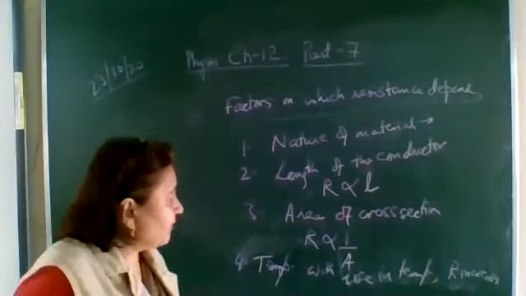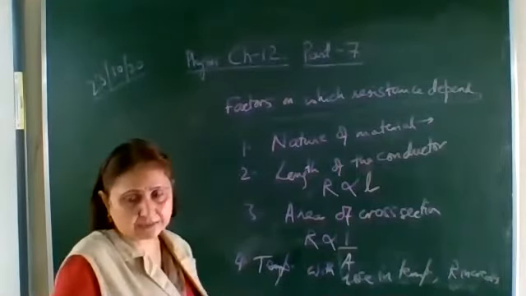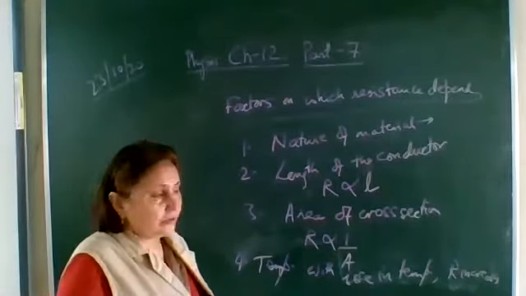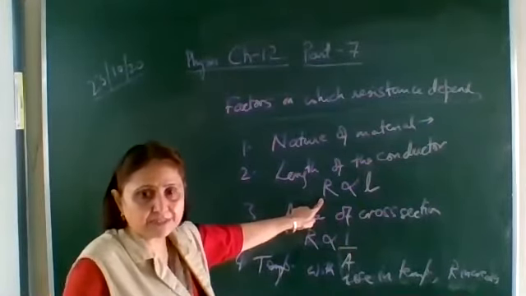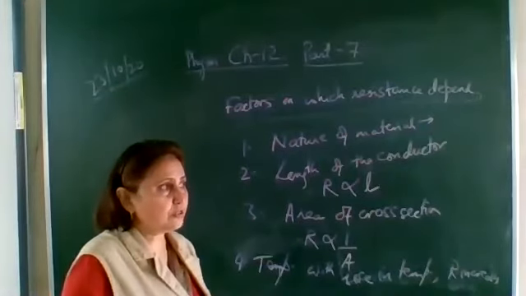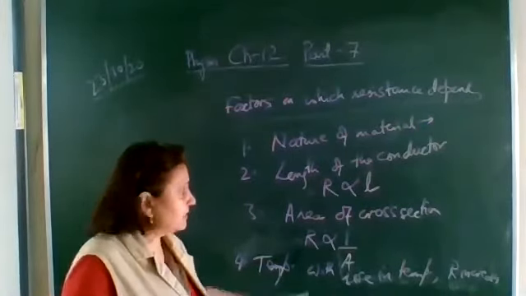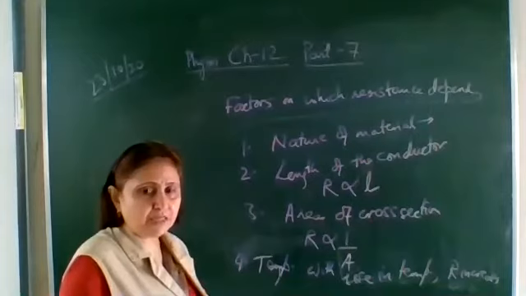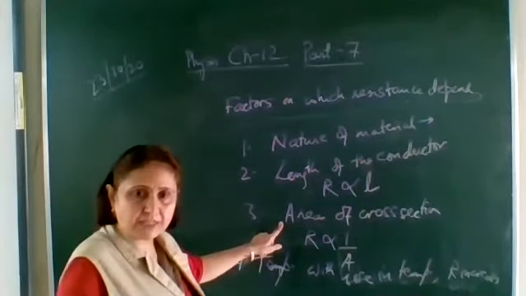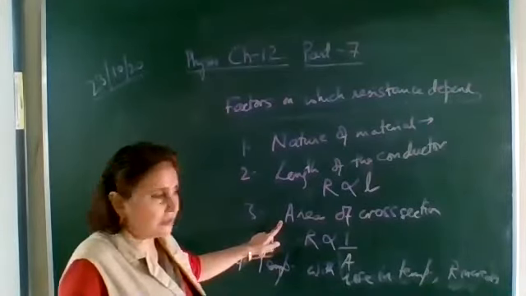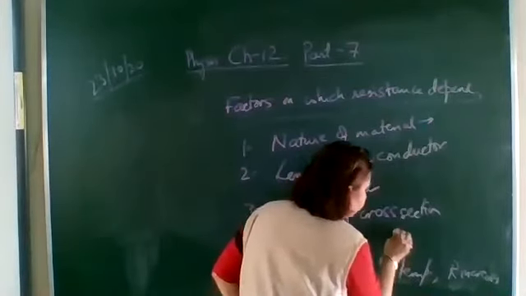Then write the second factor, length of the conductor. This equation shows resistance is directly proportional to the length. Write the third factor, cross-sectional area or area of cross section. Suppose this is the wire.